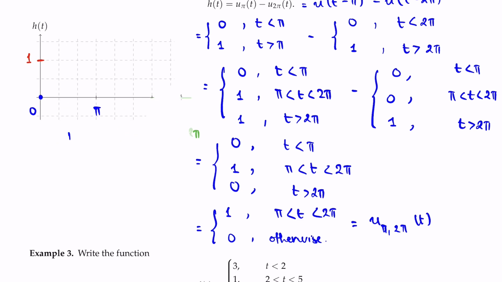So this is 2 pi. The function is equal to 1 in the interval between pi and 2 pi, and the function is equal to 0 when t is less than pi and when t is greater than 2 pi. So that's a.